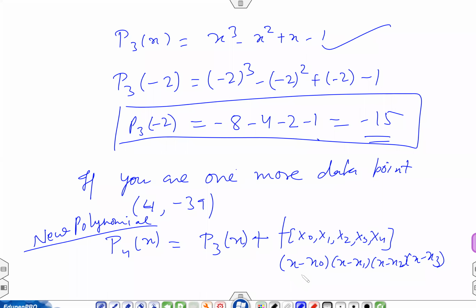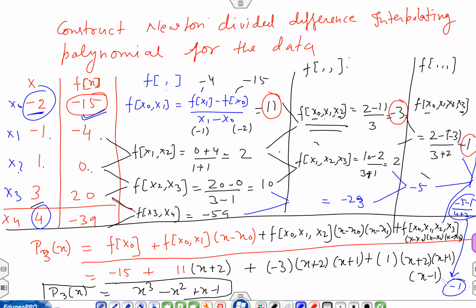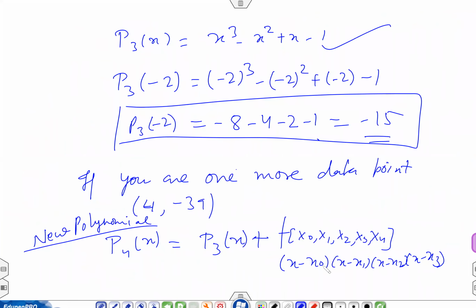In the previous polynomial, we have done calculation up to here. So one more data point is added, and x0, x1, x2, x3, everything is known to you. So we get the polynomial P4(x) as P3(x) plus that value.